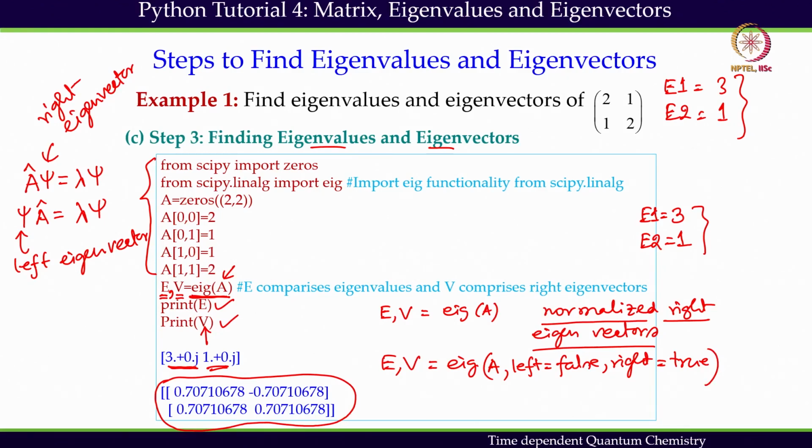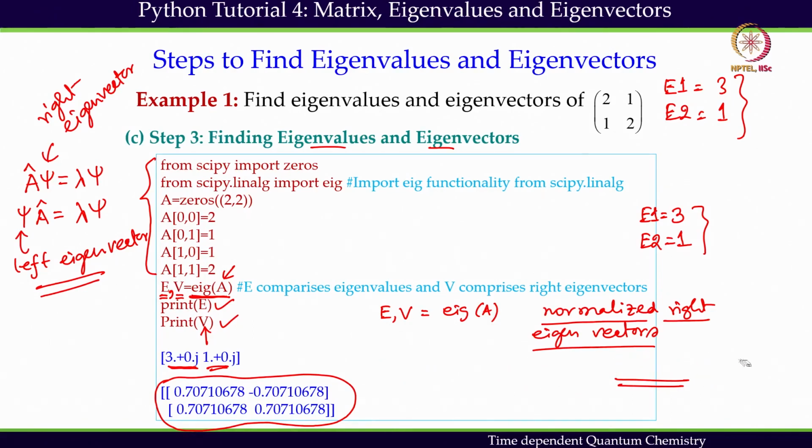Generally, by default it takes right as true. If I need to get specifically the left eigenvector, then I have to write left = True, and only then will I be able to get that. If I don't mention anything, by default it gives me the right eigenvector, and it is in normalized form.